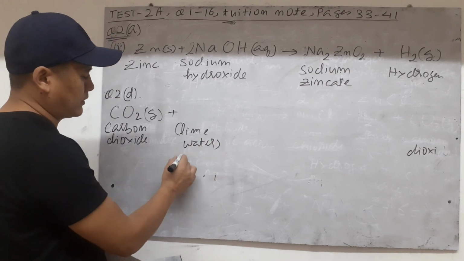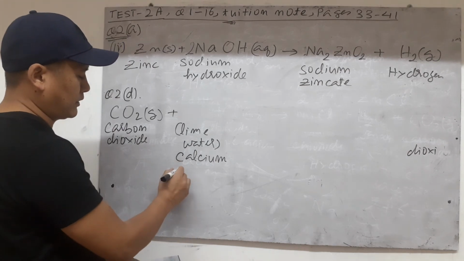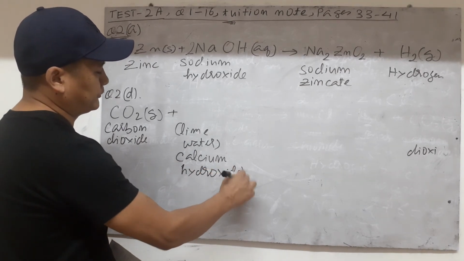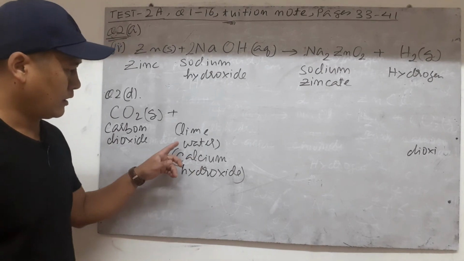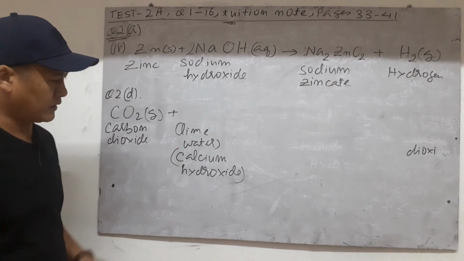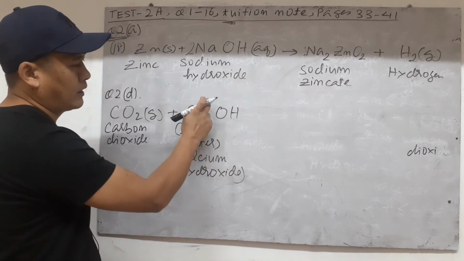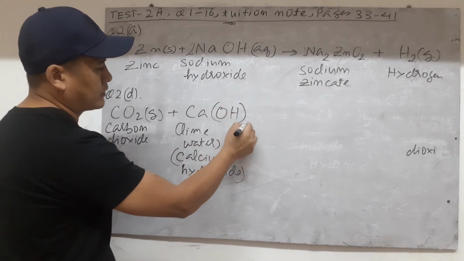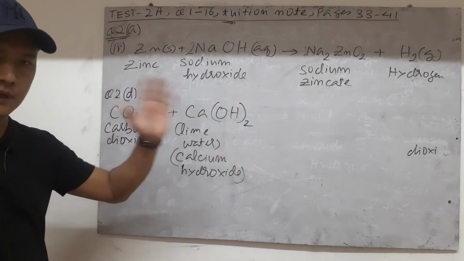So the real name is, lime water chemically is calcium hydroxide, so you can write that also. And you use this calcium hydroxide to write the formula, because we cannot write the formula from the common name. So calcium ion is Ca2 plus, hydroxide is OH1 minus. The 2 goes to the lower back side of OH, only after a bracket, because there are 2 atoms, meaning a compound ion.